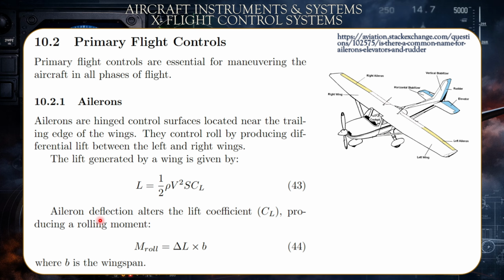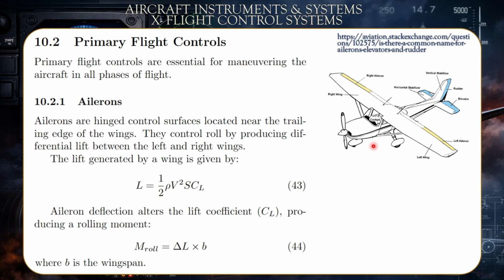Now, aileron deflection alters the lift coefficient, CL, producing a rolling moment. The rolling moment, M_rho, is equal to delta L, the difference or shift of the lift force, because as you roll, the lift decreases.